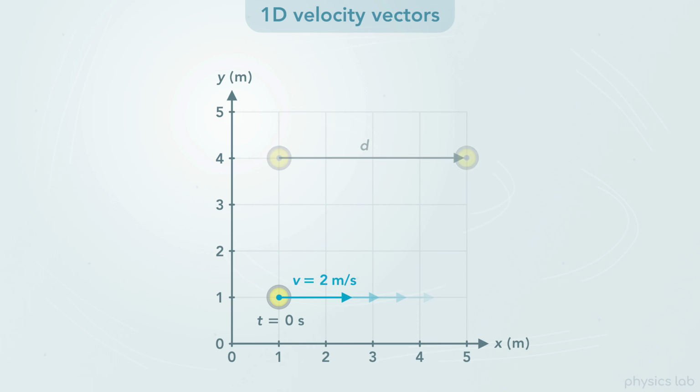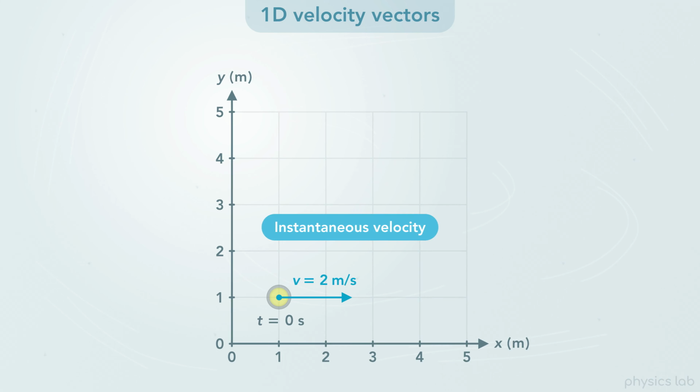But when we draw a velocity vector, we usually represent the instantaneous velocity of an object. That means we're describing the magnitude and direction of the velocity at one point, one instant in time. This also means that the velocity vector is not tracing out the path of the object. It's showing the direction of motion at one instant in time. That'll make more sense later on.